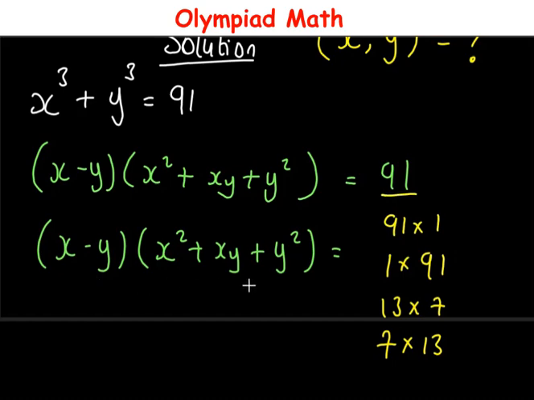Now, looking at this equation, x minus y multiplied by x squared plus xy plus y squared, x minus y is less than x squared plus xy plus y squared.